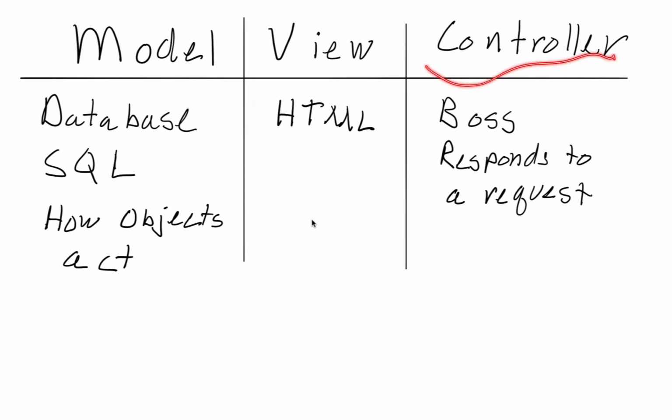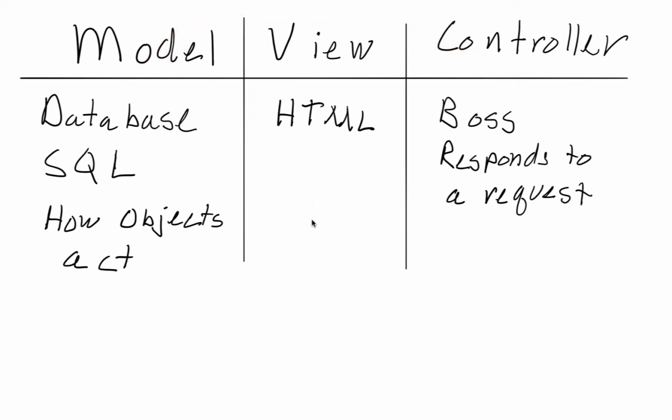Now the controller is basically the boss, and he is in charge of responding to the user's actions. So when the user clicks a link, there's going to be a router that decides what controller and what method inside of the controller gets called to respond to that link. And then the controller will contact the model and say, collect data out of it.